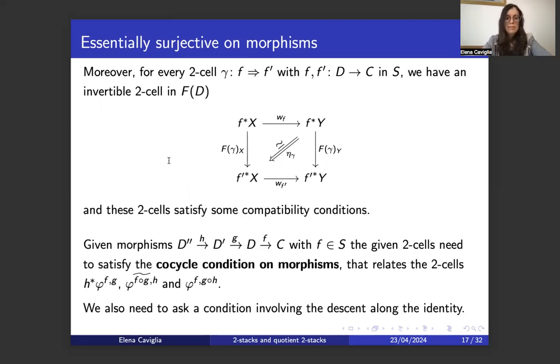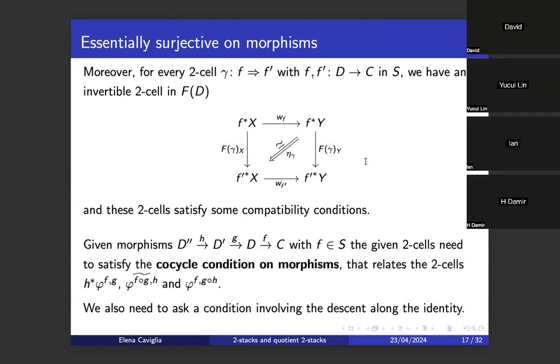But this time we have some extra conditions that we didn't have in dimension one. The first is that we now have two cells in the bisieve. So the descent datum on morphisms will assign also to every two cell an invertible two cell of this form.